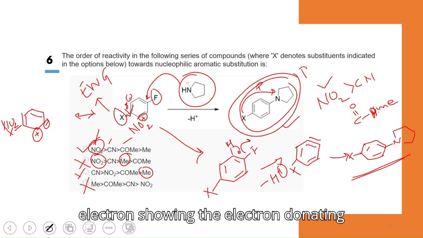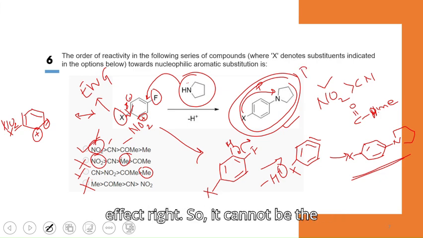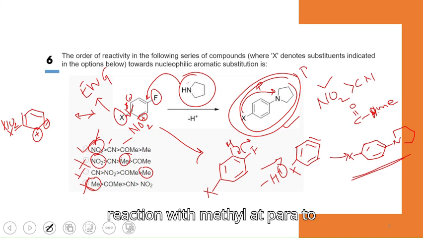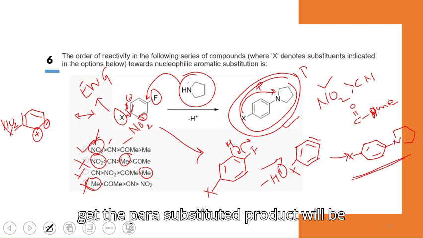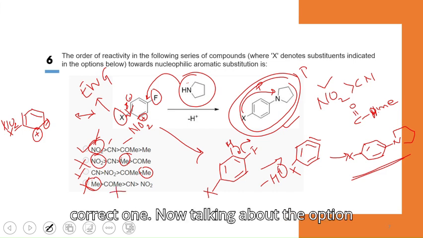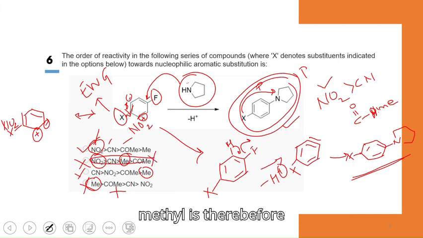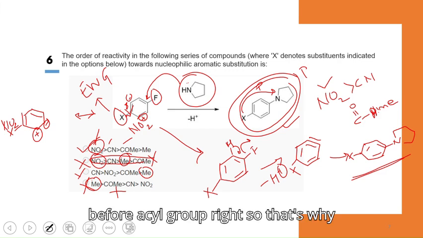Now methyl shows an electron donating effect, right? So it cannot be the first priority. The rate of reaction with methyl at para to get the para substituted product will be the least one. So this is not the correct one. Now talking about option 2, again it is not the correct one because methyl is there before COMe, before the acyl group, right?